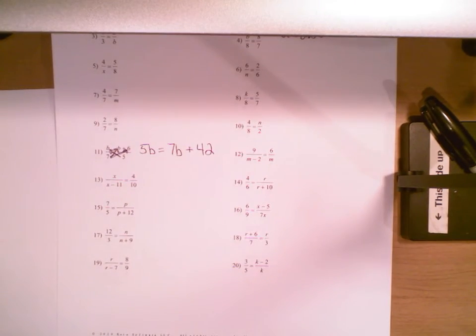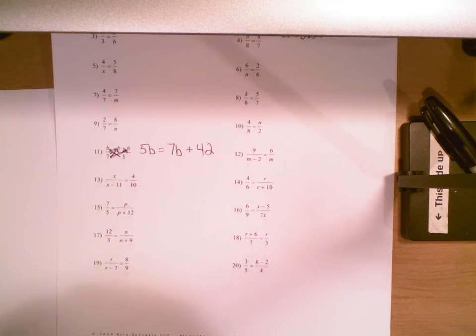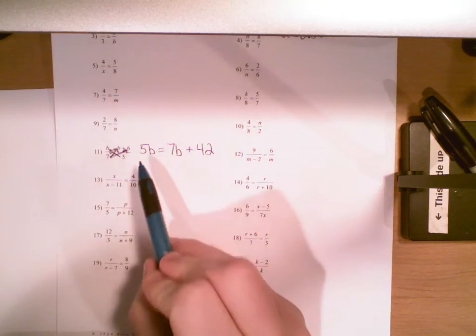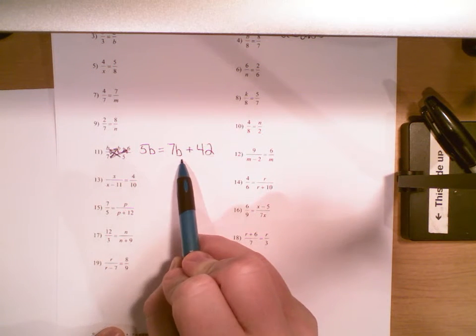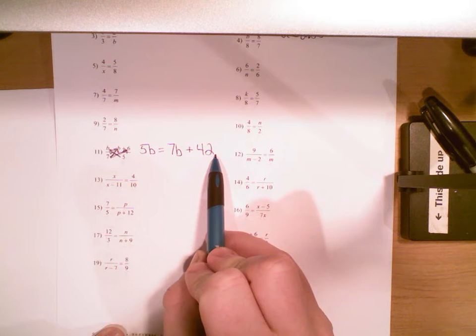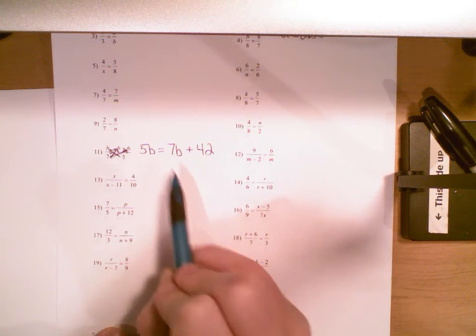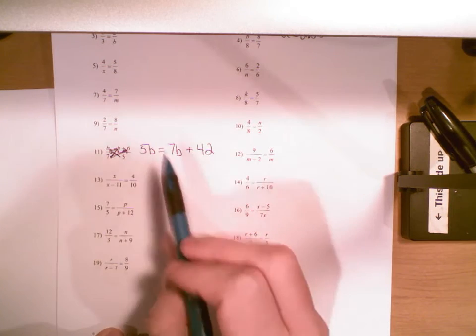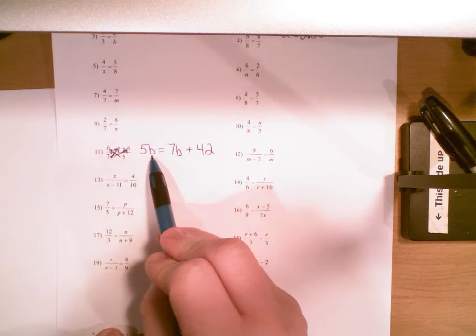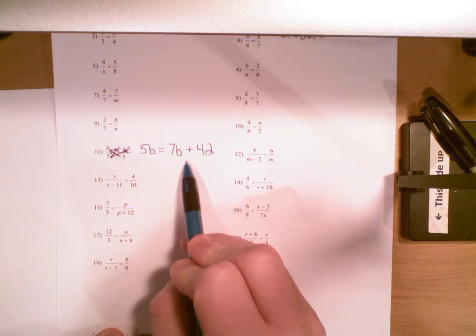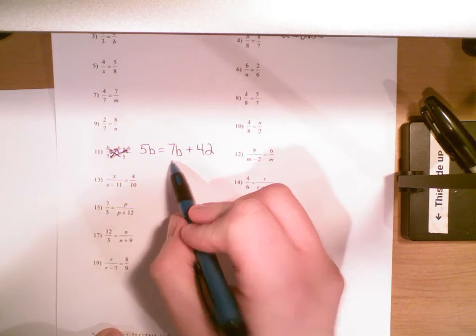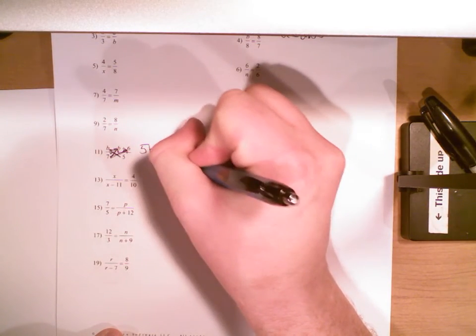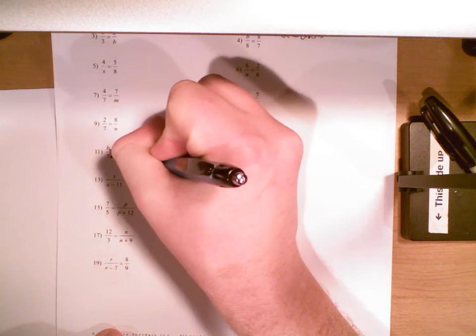So if you have a look, what two numbers can I combine that are alike? That answer would be 5b and 7b. I could combine these two because 42 doesn't have a b. Therefore, I need to leave 42 alone and combine these two. Again, don't ever take from the side with the equal sign. You want to get rid of the number in the middle. So let me take this positive 7b and make it a negative 7b on both sides.